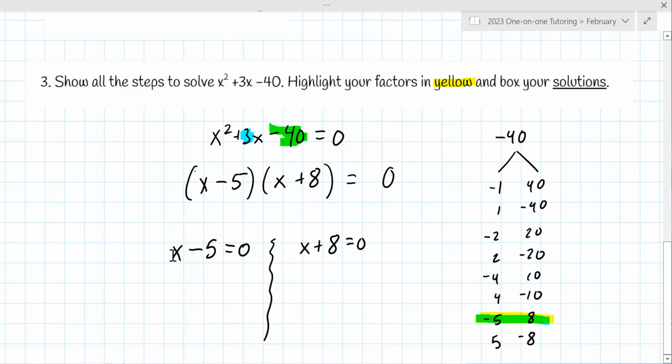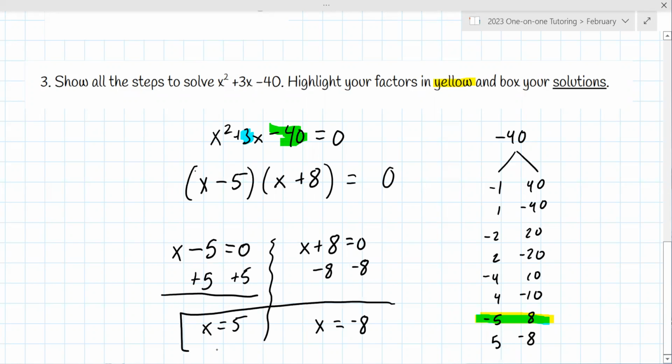You never manipulate x. It's always whatever's near it. So you subtract -5, or undo with add to it, yeah, exactly. Very good. And then subtract 8. Very good. So these are your boxed in solutions.